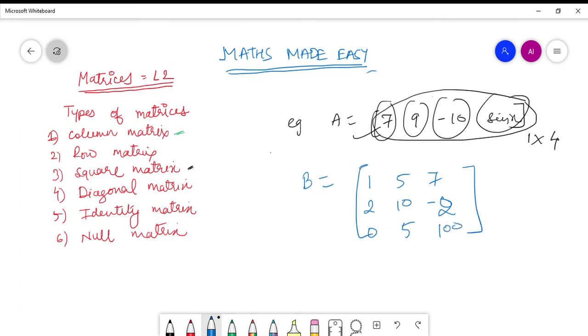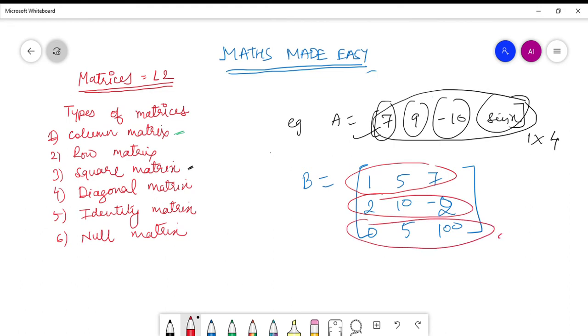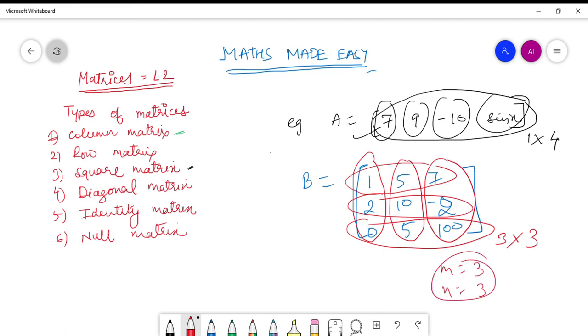In this, I have one row, two row, three row, so three cross. How many columns do I have? One, two, and three. So three. Where m, which is number of rows, equals 3, and n, which is number of columns, is also 3. This matrix is called a square matrix with equal number of rows and columns.